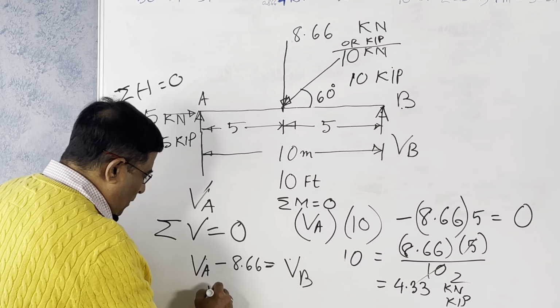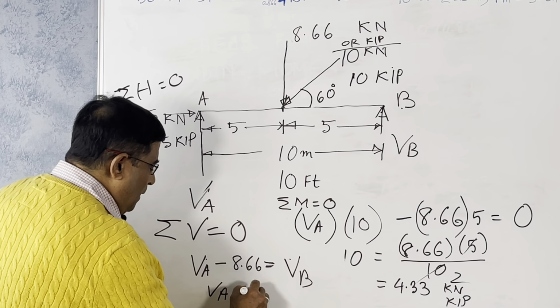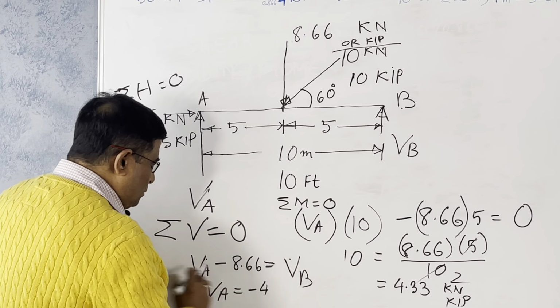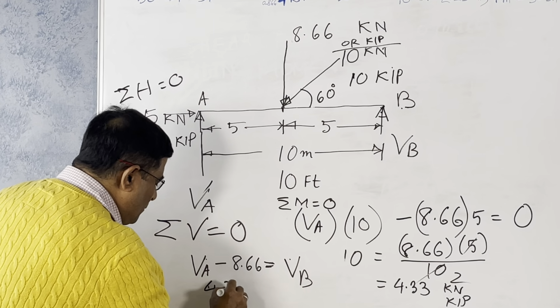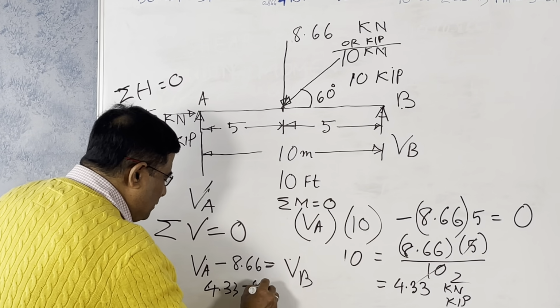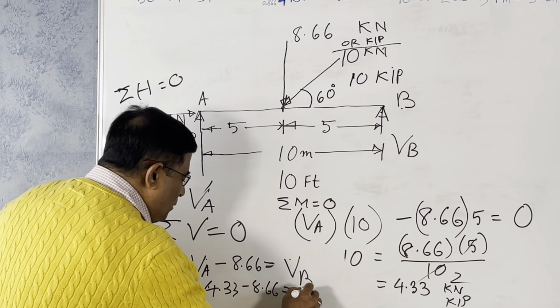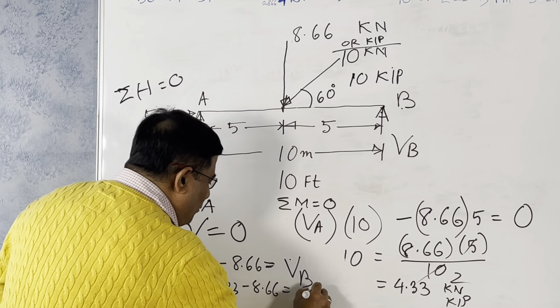So VB equal to minus 4.3. So VA equal to 4.33 minus 8.66 equal to 4.33.